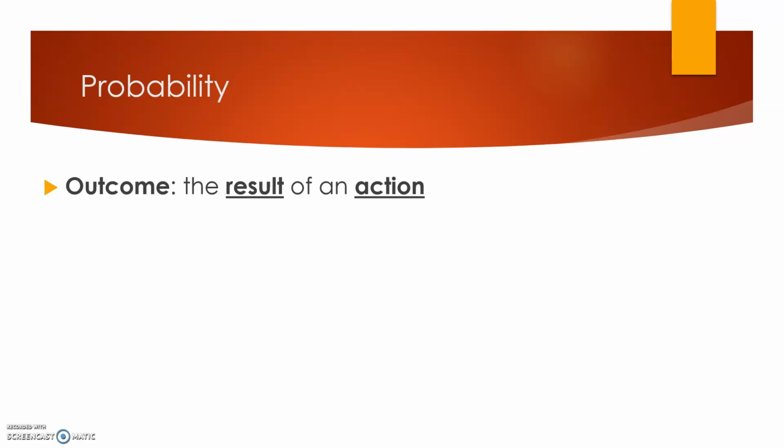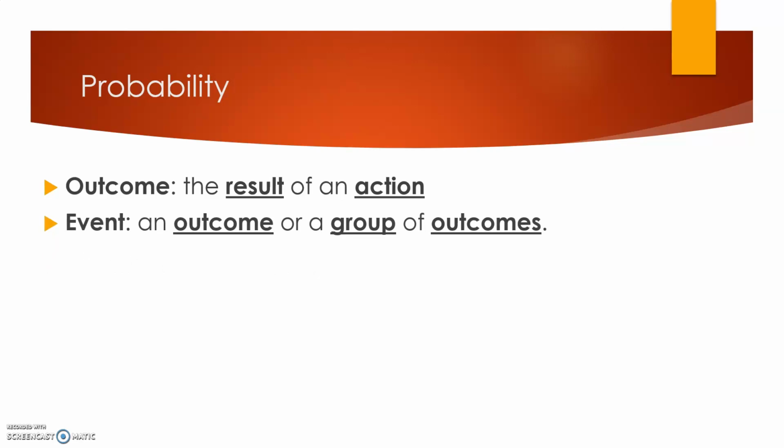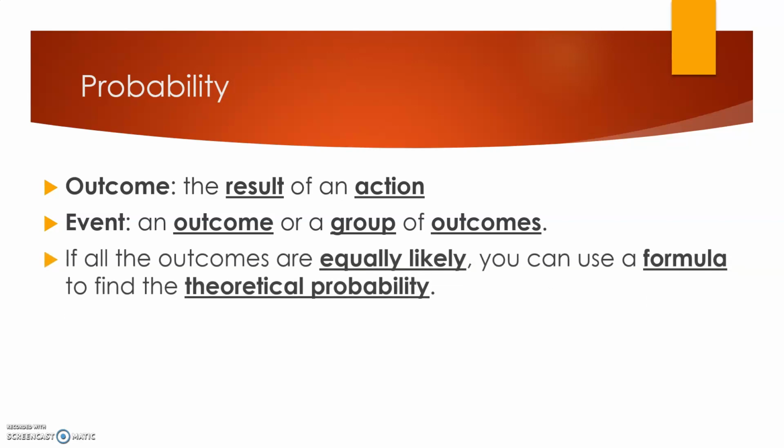What's the outcome or the result of that action? An event is the outcome or a group of outcomes. And we'll talk a little bit more about that, but it's basically taking all of the possible outcomes and putting it into an event. And it says if all the outcomes are equally likely, then we can use a formula to find the theoretical probability. And again, we'll talk about that in a minute.